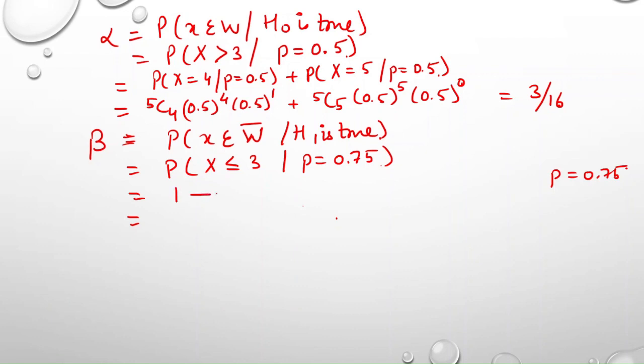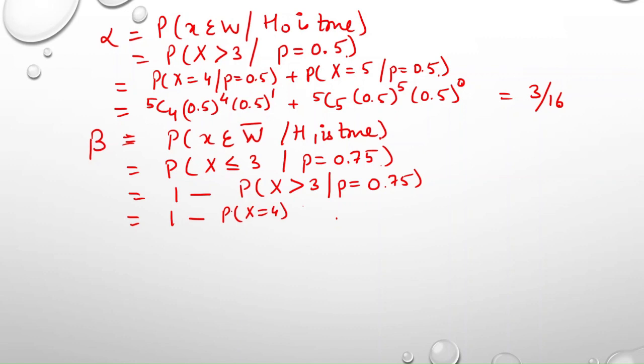So this is nothing but 1 minus P of X greater than 3 when P is 0.75. So this is 1 minus P of X equal to 4, P of X equal to 5. It's not similar to what we calculated above.